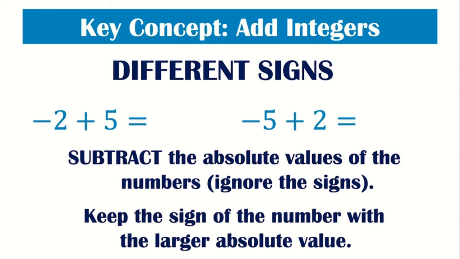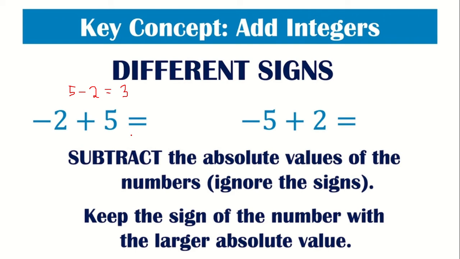To better understand the two steps, let's consider negative 2 plus 5. As I was saying a while ago, they have different signs, so you need to subtract first. 5 minus 2 is 3. And then afterwards, keep the sign of the number with the larger absolute value.